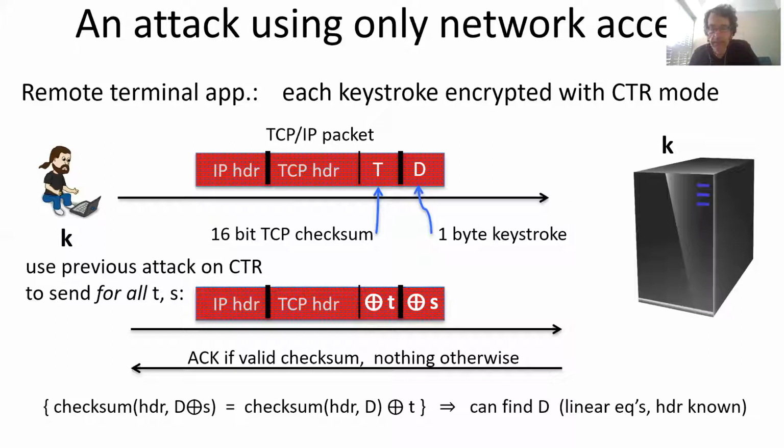By linearity of the checksum operation, what are the unknowns in this equation? Just D. I don't really care what this is. The unknown is capital D. And the header is predictable: it's like IP addresses, counters, etc. If there is some unpredictable stuff, then there are just a few more unknown fields in this linear equation.